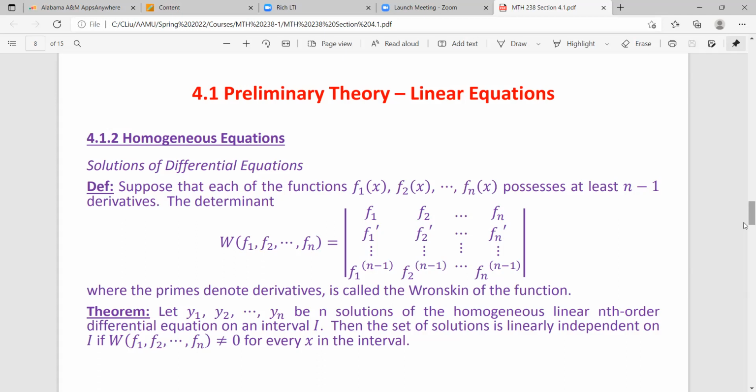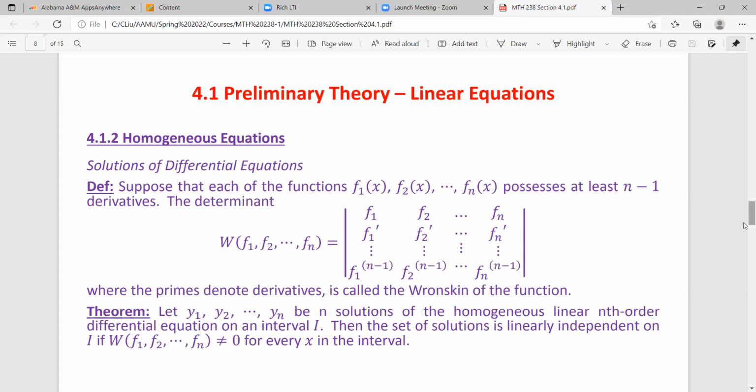And this determinant has the entries of all the functions on the first row and all the first derivatives of the functions on the second row, and all the second derivatives of the functions on the third row, and until all the n-1 derivative of the functions on the last row.